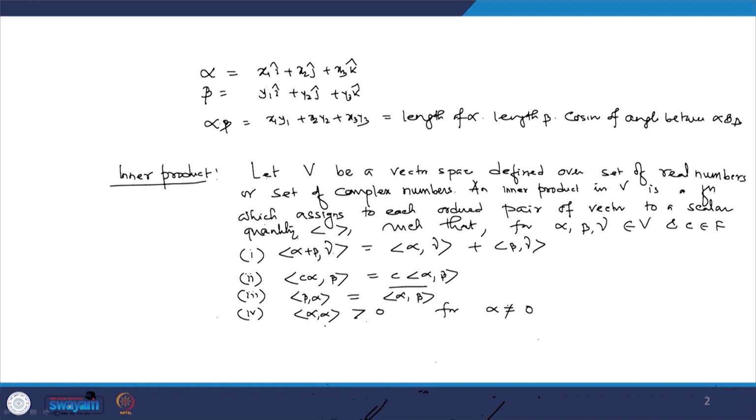And based on axioms 1, 2, 3, we can also write another axiom: inner product of alpha comma c times beta plus gamma equals c bar inner product of alpha beta plus inner product of alpha gamma.